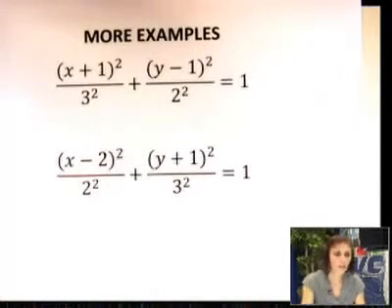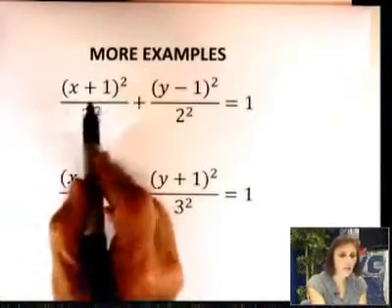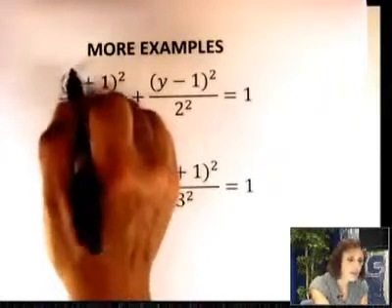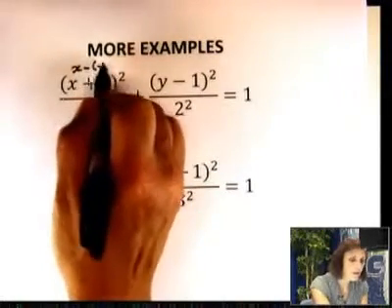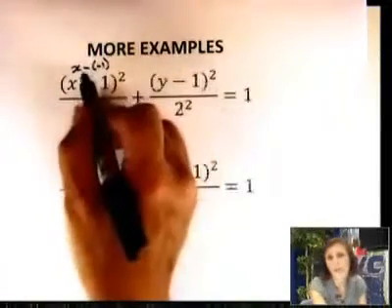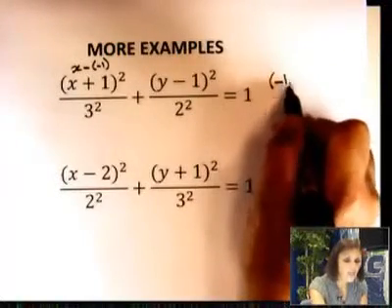Let's look at another equation. What would this one look like? This one is x plus 1. What does that mean? x plus 1 means x minus minus 1, right? You do a little trick in there. Because the formula has a negative in it, it's going to be centered at -1, comma.